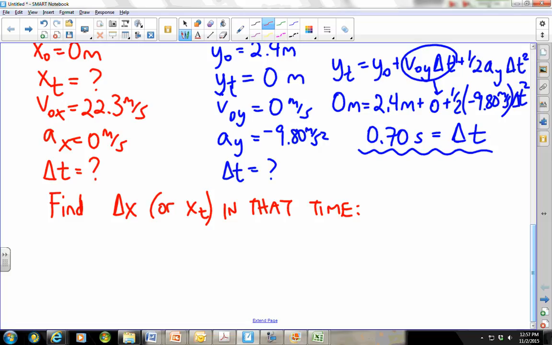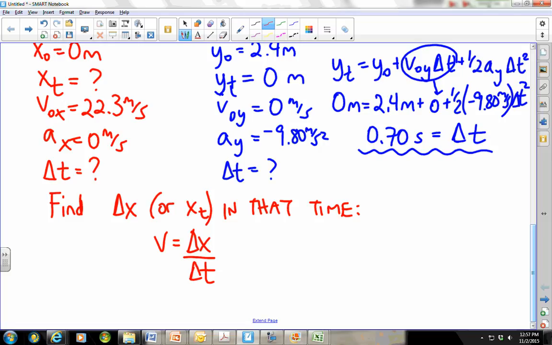And again, I'm going to take a little shortcut here and count on the fact that you know that with a constant velocity, you would get displacement over time.